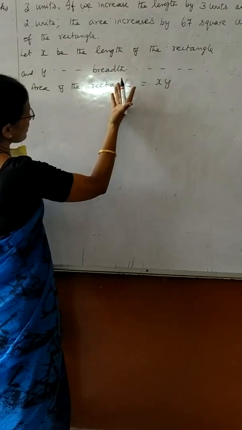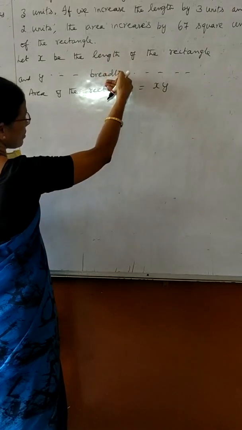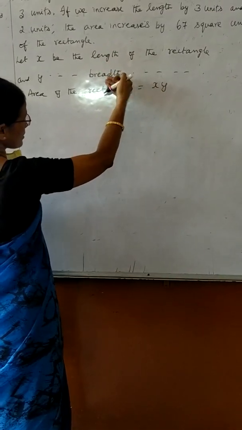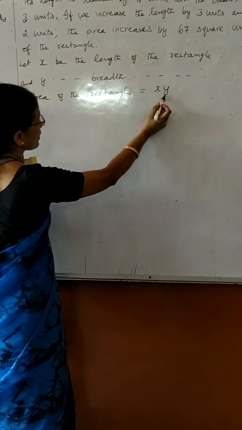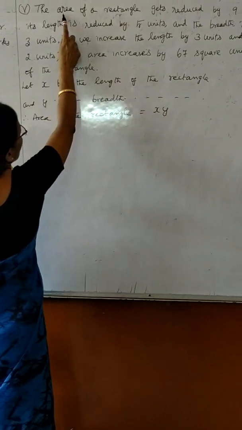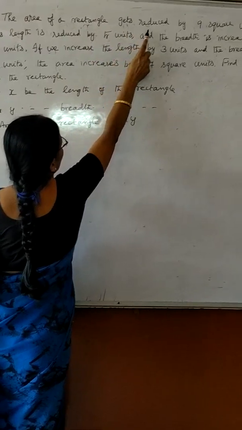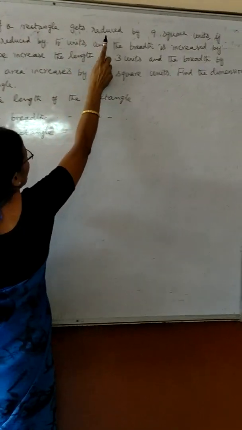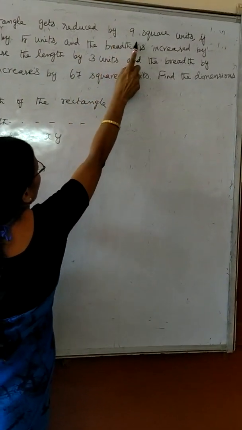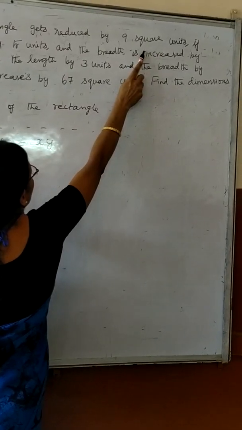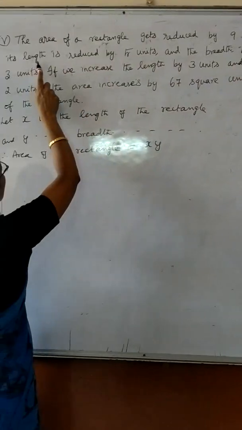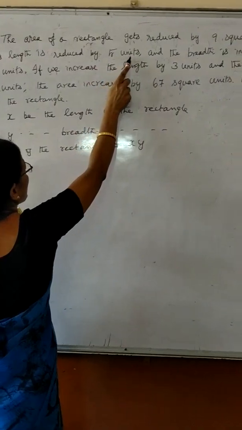So in the problem it is given that when changes are done in the length and breadth, that induces some change in the area of the rectangle. So what are the changes done? The area of the rectangle gets reduced. The area becomes less. How much less? By 9 square units, when the length is reduced by 5 units.